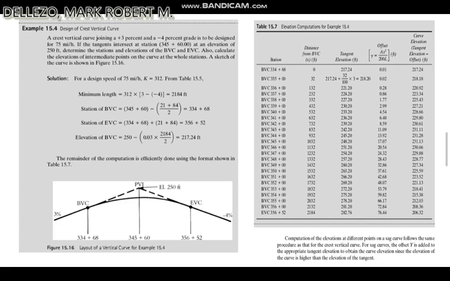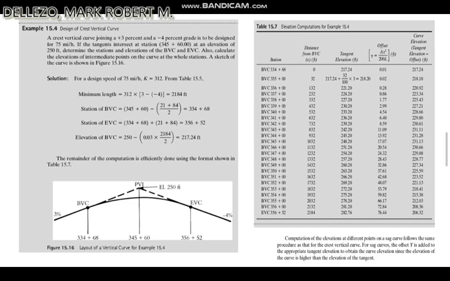Then the station of BVC equals 345 plus 60, subtract open parenthesis 21 plus 84 divided by 2 close parenthesis, equals 334 plus 68.